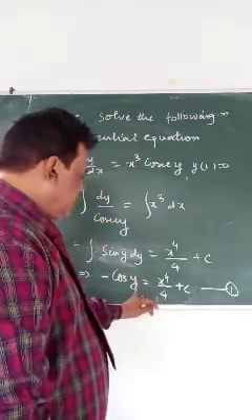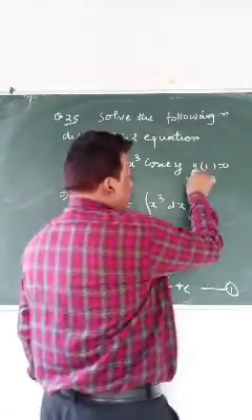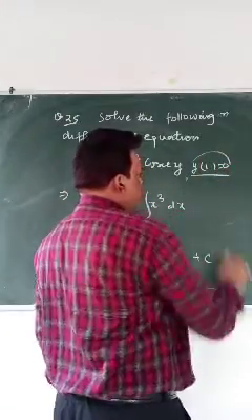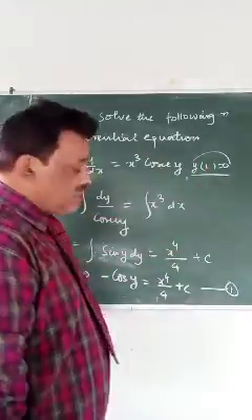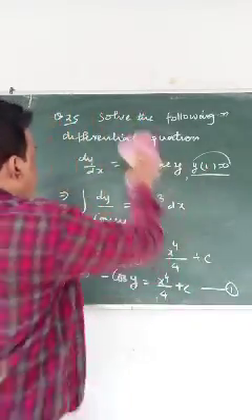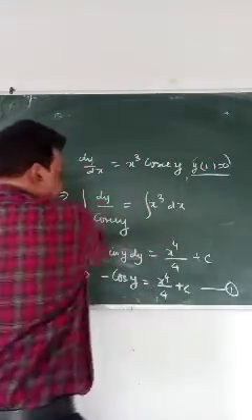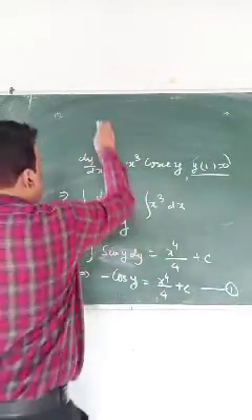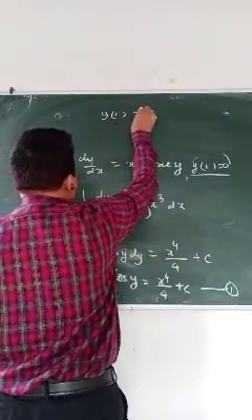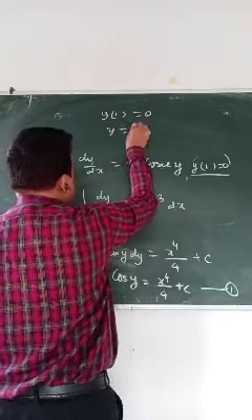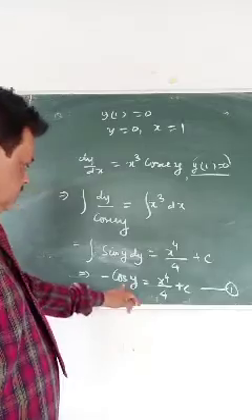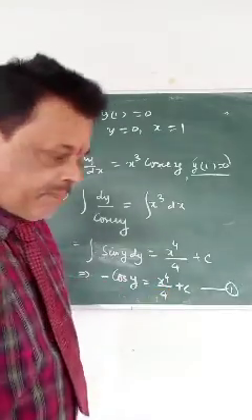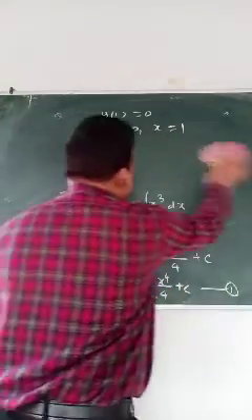You have to find a particular solution because this is given. Means y equals to 0, x is 1. y(1) equals 0 means y is 0, x equals to 1. Put here y is 0, x is 1. What will you find?